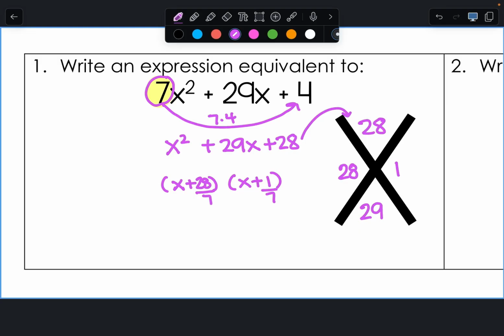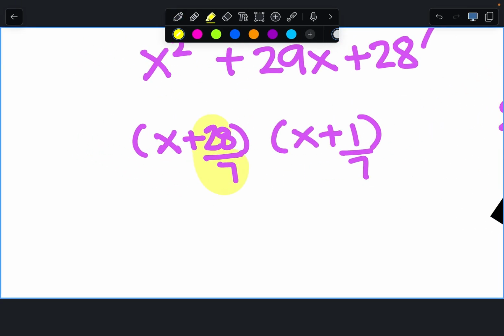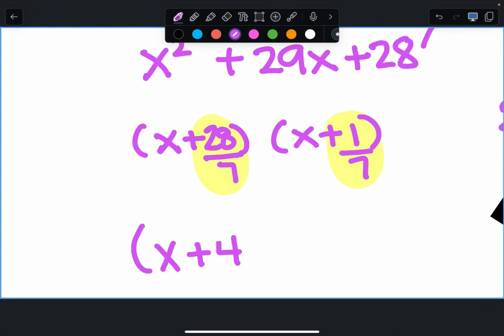Divide, right? Now, those turn into a couple different fractions. What do you do with any and every fraction? Simplify. If I divide 28 by 7, what do I get? 4. So that becomes my new binomial, x plus 4. But what happens whenever I divide 1 over 7?